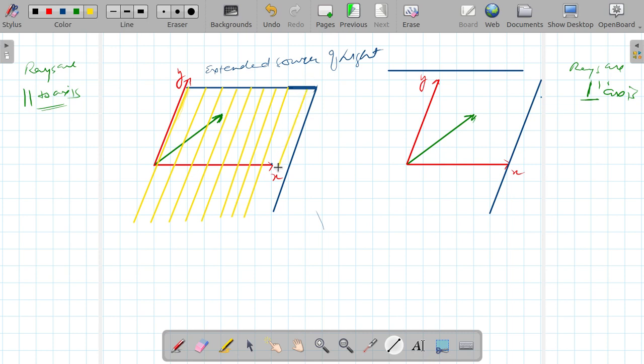So these are the light rays coming from this extended source in this direction. And this extended source, which is located here, will throw rays in this direction, parallel to this one.